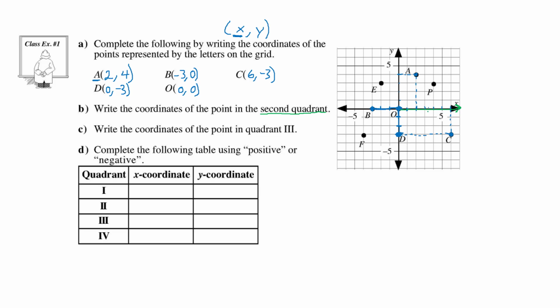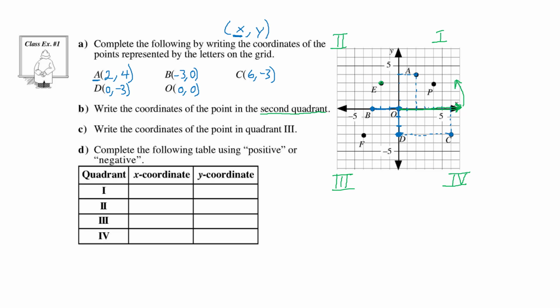This is the starting position, and we move counterclockwise. That's how we count our quadrants. This is quadrant 1, this is quadrant 2, this is quadrant 3, and this is quadrant 4.